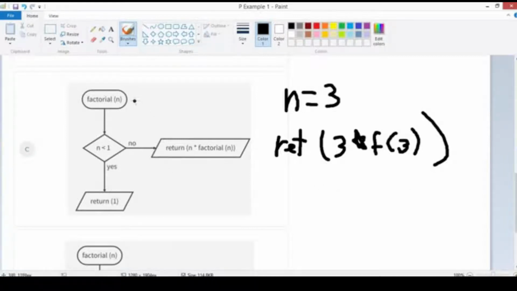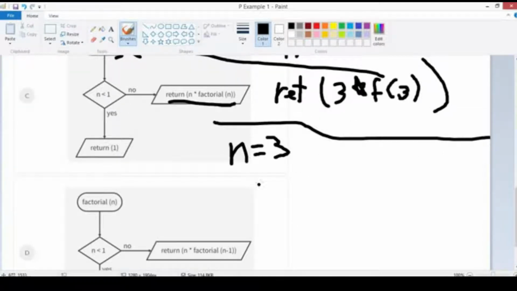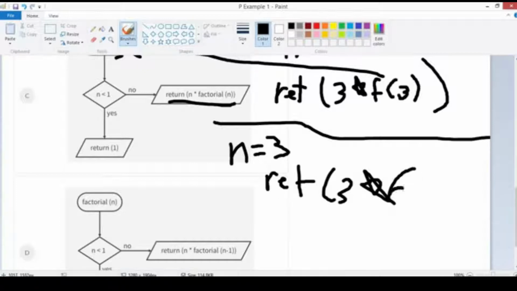So we go back up to the top here and check on factorial of 3. In this new function call, n equals 3. Is n less than 1? It is not. So we go down to this part again, and we're going to return 3 times the factorial of 3.